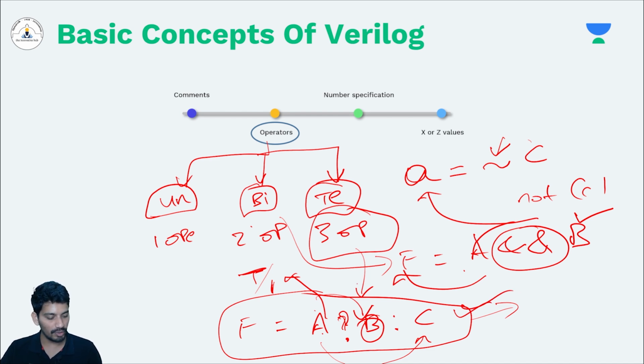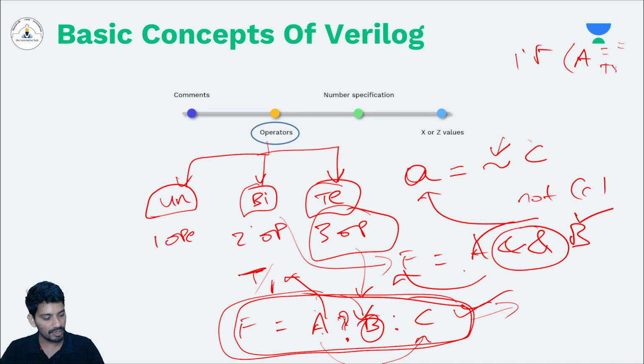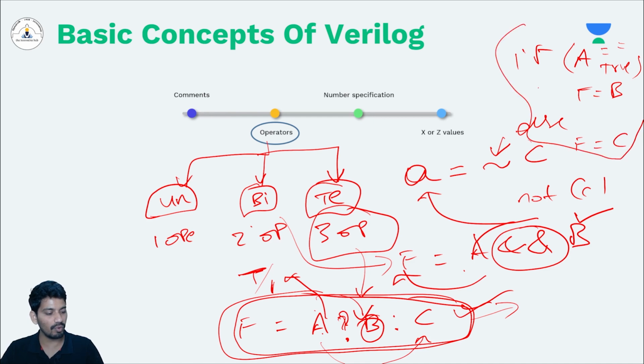You are doing a complete if statement in just a single line. You are asking whether A is true. If A is true, then put F is equal to B, else put F is equal to C. You define these entire four lines of code in a single line of code. That is the purpose of these operators.